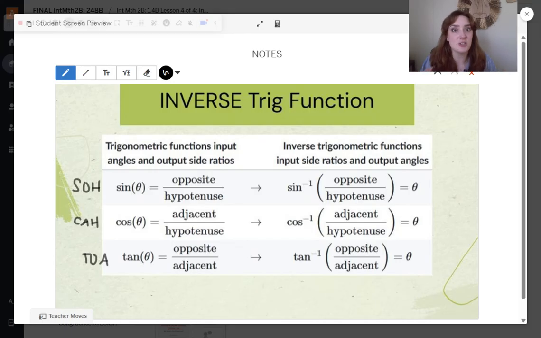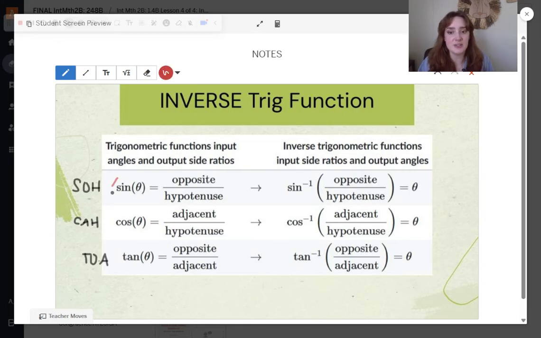We would also use this to find a side length, like the sine of 40 equals x over 20 or something like that. Now we're shifting a little bit. Now we're trying to figure out a missing angle. We're just trying to get theta, this angle, by itself. How do we do that?